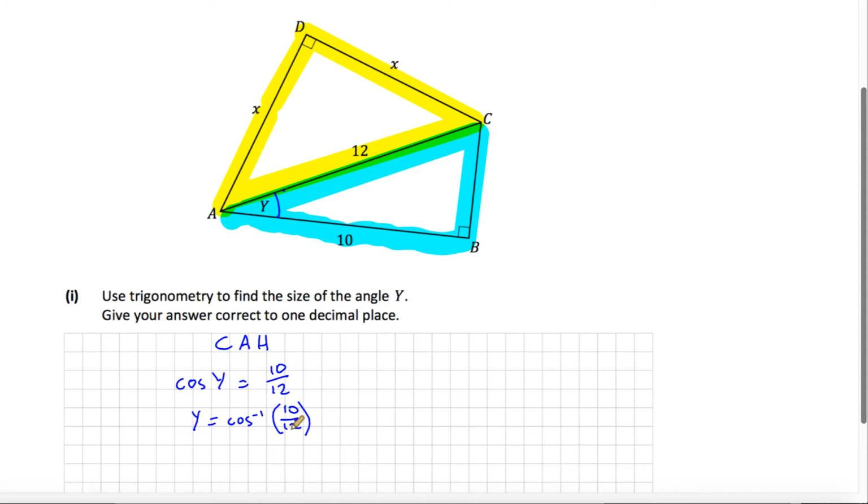Make sure your calculator is set to degrees, got a D at the top, and the answer to that is 33.557, and on it goes, degrees. But you want your answer correct to one decimal place, so we look at the second digit after the decimal. This 5 knocks the previous number up, so it's going to be 33.6 degrees to one decimal place. Okay, and that's the end of part 1.